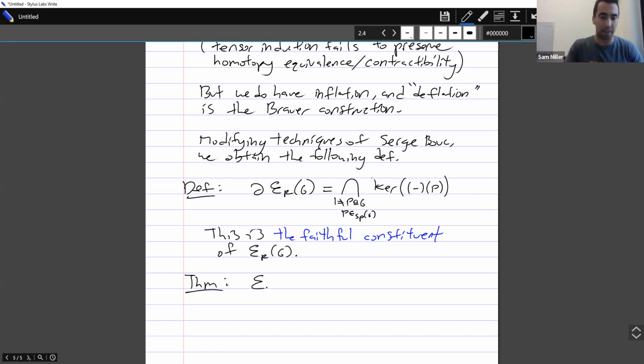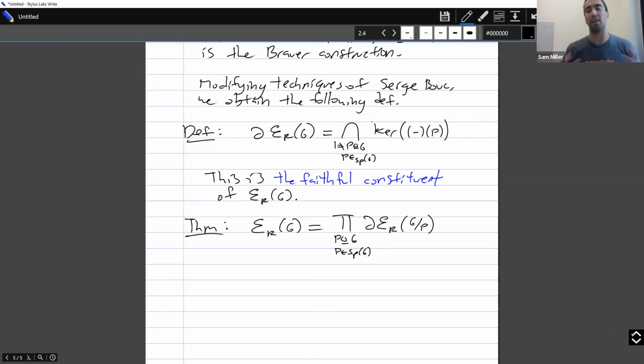We have a decomposition of E_K(G) into all of its faithful constituents, but the faithful constituents coming from quotient groups as well. And so this will run over all normal p-subgroups, where P is in S_p(G). And so therefore, if we want to compute E_K(G), if we've already computed it for all the quotient groups, then really all we have to do is just compute what this is just for the faithful constituent.